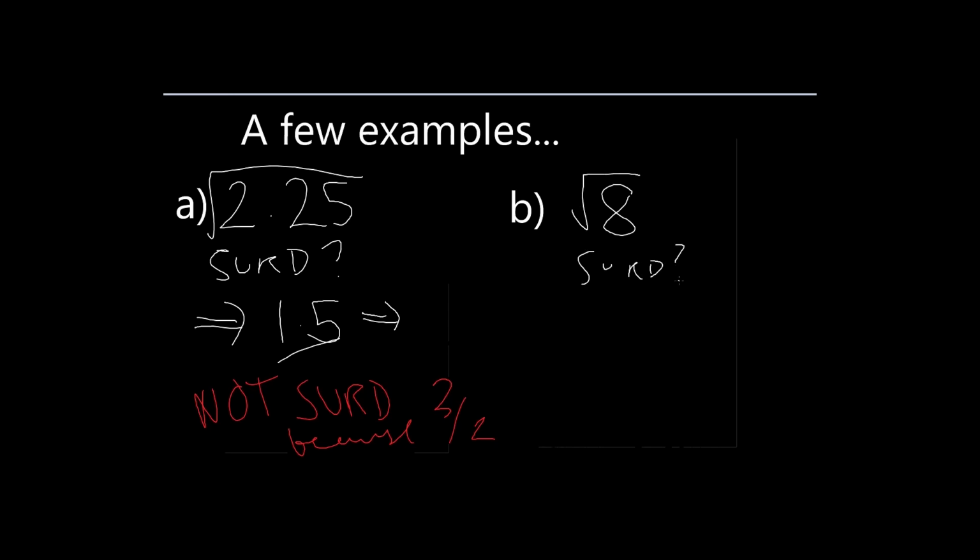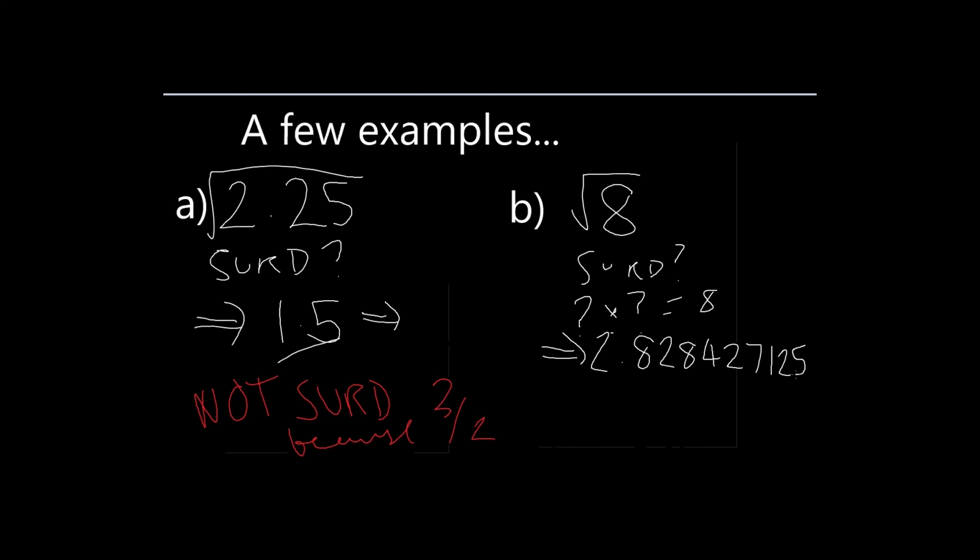Now let's do the same thing for our second one, which is the square root of 8. We know we're looking for a number which, when times together, gives us 8. So we put this into the calculator and we get this very long, messy number.